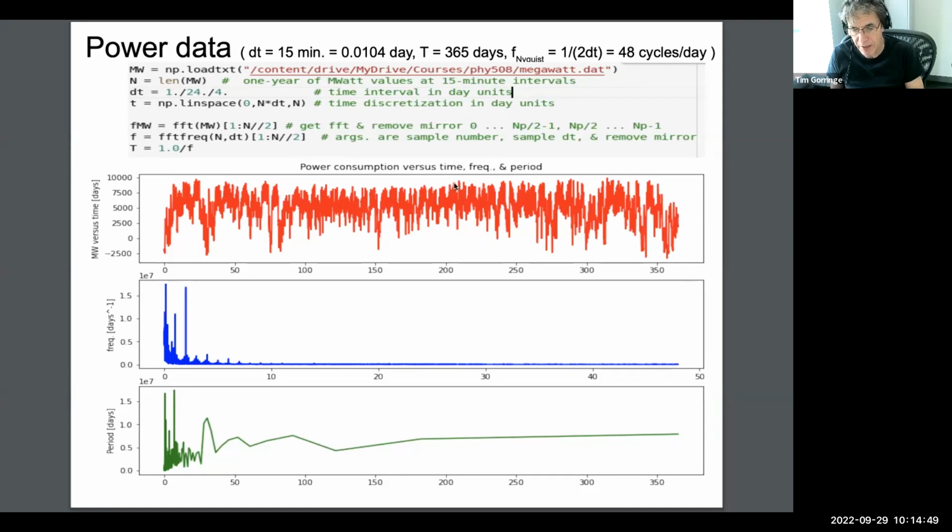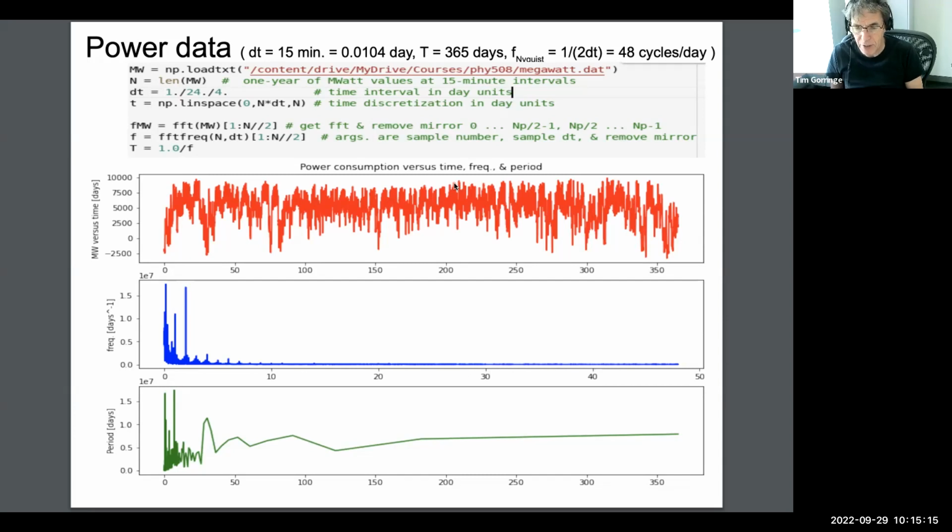Top one is the time domain distribution, and then the lower 2 are the frequency domain distribution and the corresponding period distribution. I'm going to take these plots and expand the scale on the next couple of slides, and I'm going to annotate certain features.